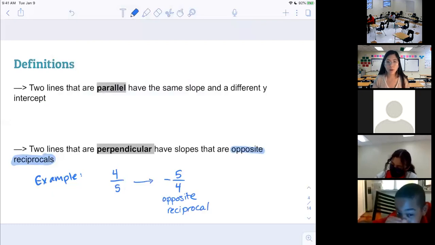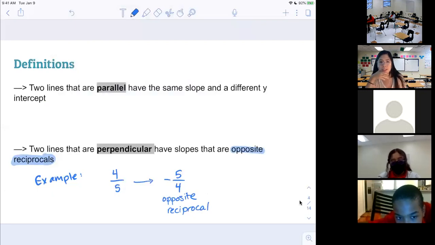Another example is the opposite reciprocal of 3/4 would be negative 4/3. Fifteen more seconds.